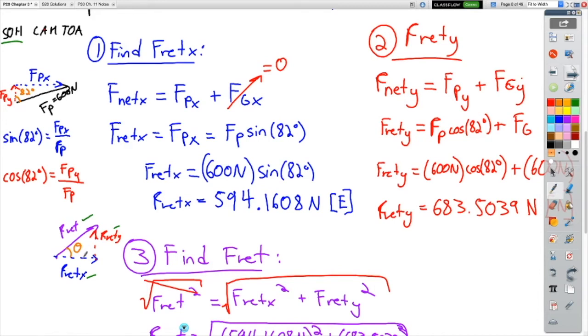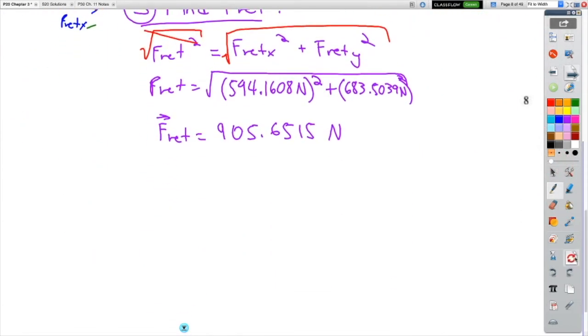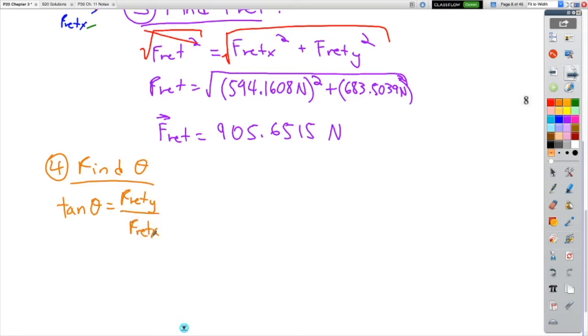So I've got opposite and adjacent. OA, right? That means I want TOA, tan. Okay, so then our final step here, call it step 4, find theta. And so tan theta equals F net Y over F net X.